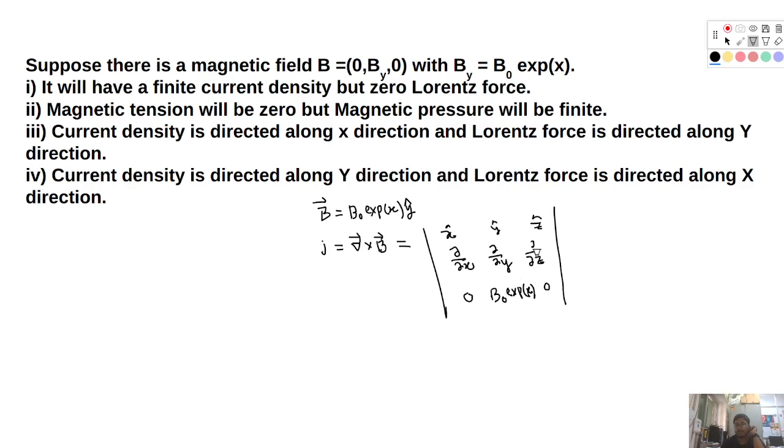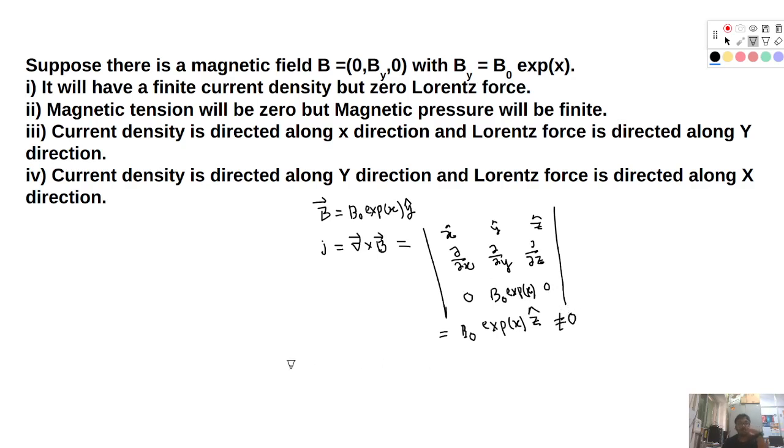Now if we go to y cap, this is absolutely 0 here. If you go to z cap, it will have only B naught exponential x, right? So this is z cap, which is a non-zero component.